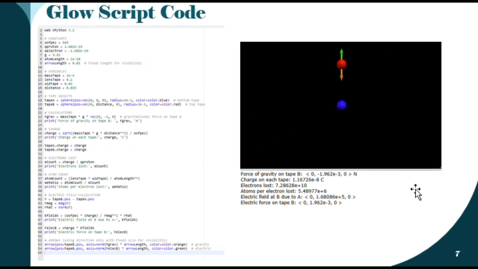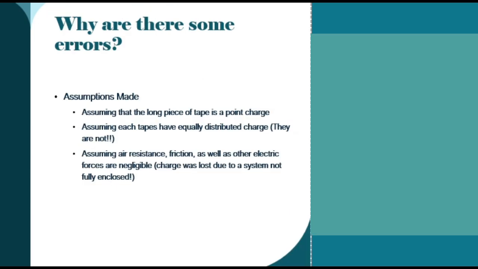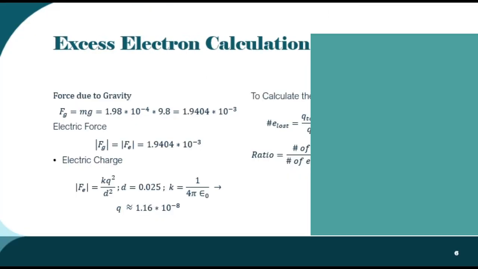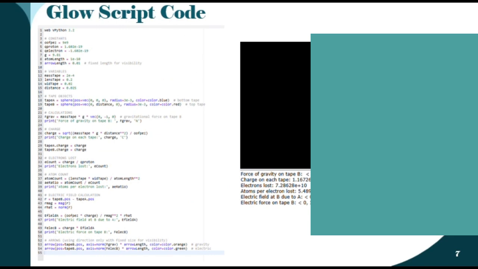The force of gravity was negative 1.96 times 10 to the negative 3rd, which was very close to my values. The charge on the tape was 1.16726 times 10 to the negative 8th, which was also very, very close, with very slight errors in the hundreds and thousands. So why were there some errors between my values and the GlowScript code?